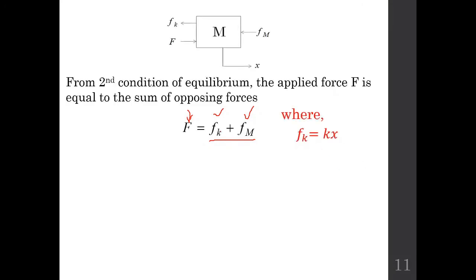So this F of k will be equal to k into x, and this is the inertial force of the body, which we can easily find out by using Newton's second law of motion, that is F of m is equal to m into a. Now here the displacement is x, so we can rewrite this equation as m into d2x upon dt square, or we can also say that it is equal to m into x double dash. They both mean the same thing.